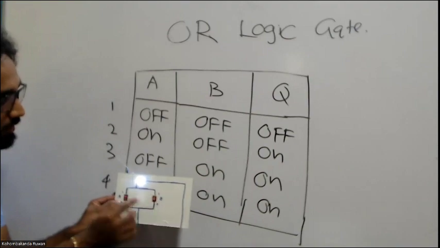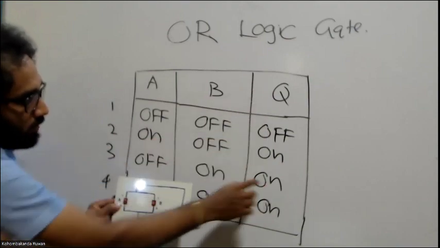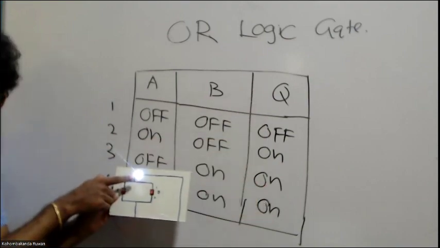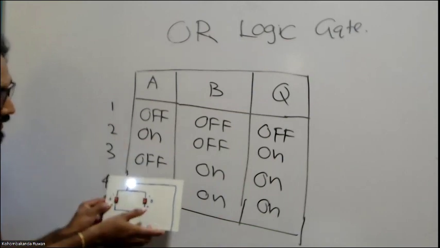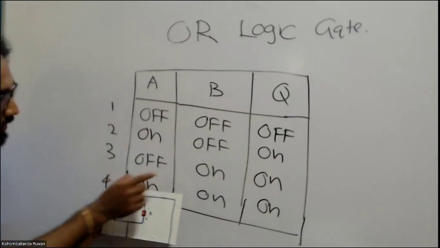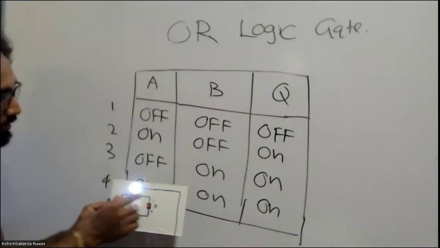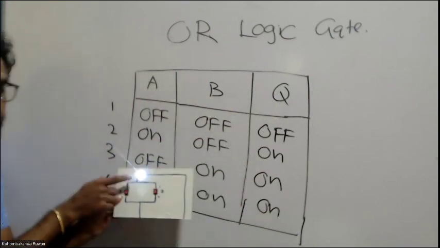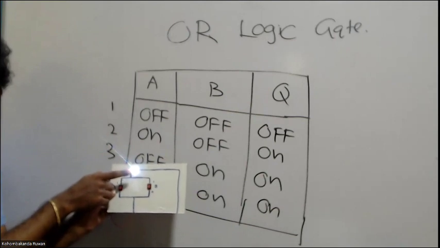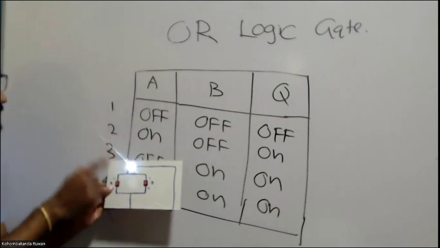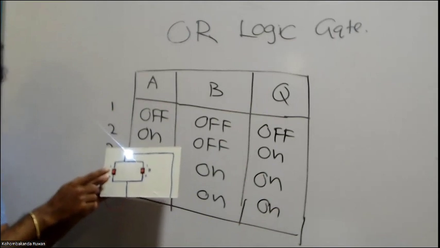But you can see the bulb is on. Final scenario, B is on, A is also on, and the bulb is also on. Now you can see the state. This is the OR logic gate.